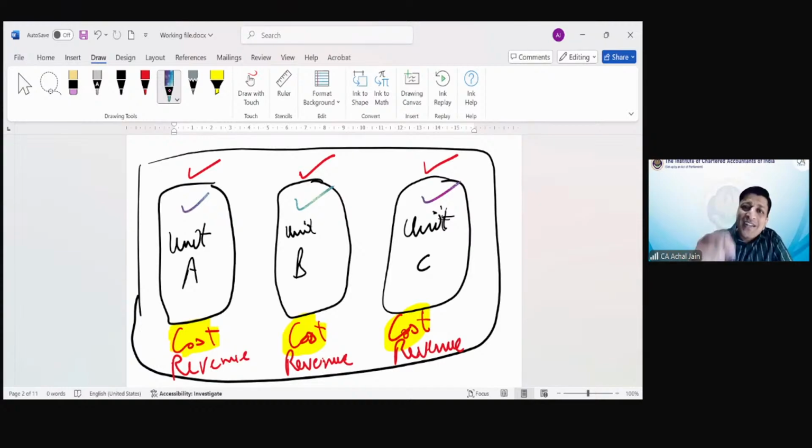You should be treating them as separate contracts and not a single contract. Why? Because if you don't, that will be incorrect. Yes or no? Because unnecessarily, on your own, you're trying to bring in assumptions which are not appropriate, for which there is no fact pattern available. So till the time you don't have the fact pattern, how can you just go on and assume? All of these assumptions have to be backed with something.